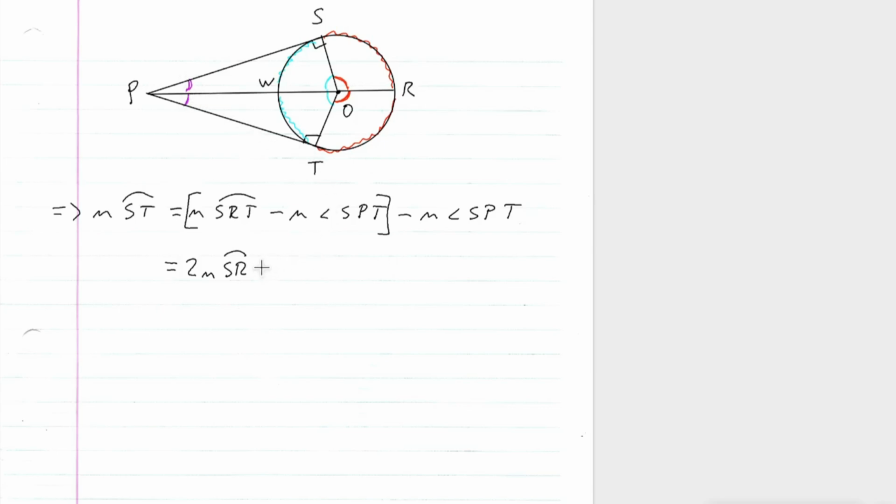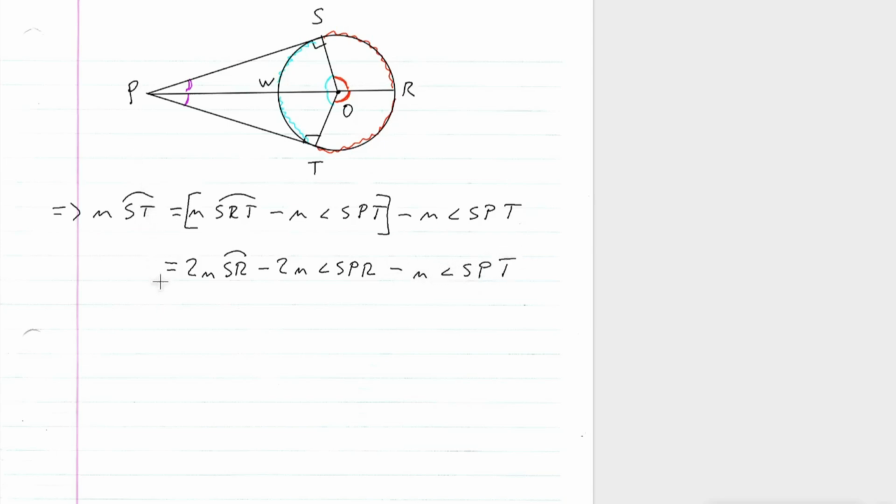So I can do minus 2 measure of angle SPR, and then of course minus the measure of angle SPT.